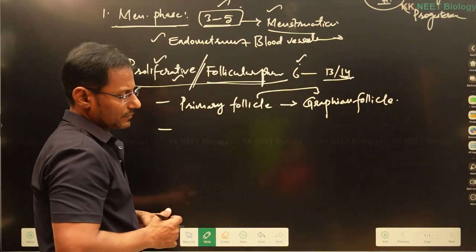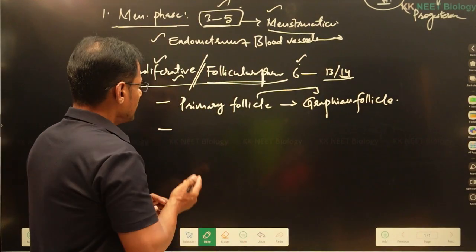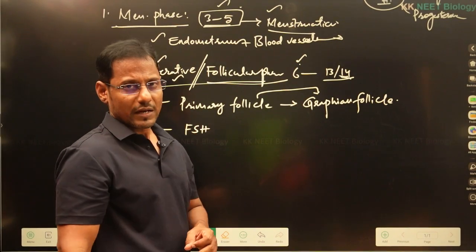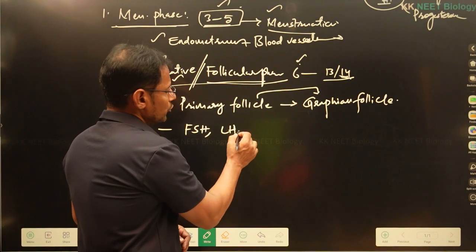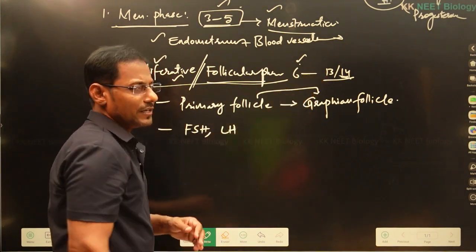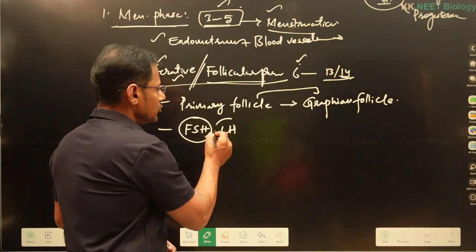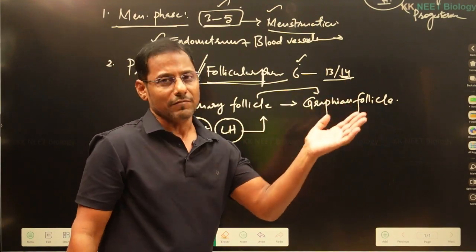Again here we have to focus on the hormones. Follicle stimulating hormone must be produced, as well as luteinizing hormone, in these particular days. Up to the 13th day, follicle stimulating hormone and luteinizing hormone are going to reach their peak levels.